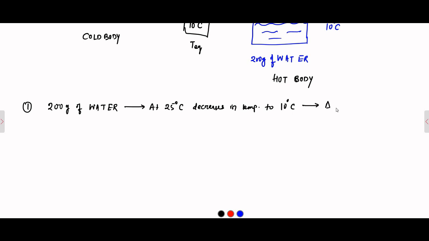So a difference in temperature of how much? 15 degrees Celsius. A 15 degrees Celsius drop.